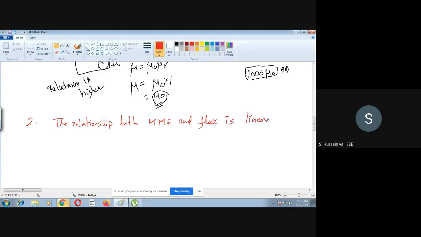This is another point related to your air core. So how do we know that the relationship between MMF and flux is linear?